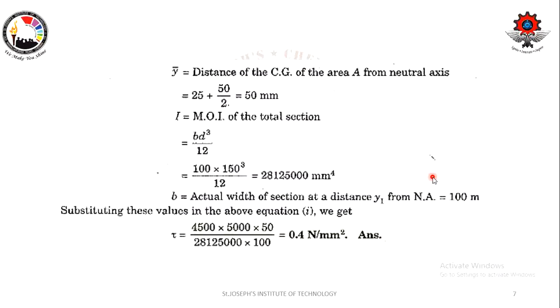Now we know all the values. Substituting in the formula, tau is equal to force, 4500 Newton given in the question, into the area 5000, into y bar 50, divided by I and B, which is given as 100. If you do all the calculation, you will get tau to be 0.4 Newton per mm square.